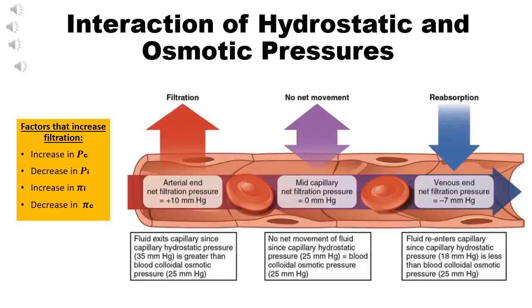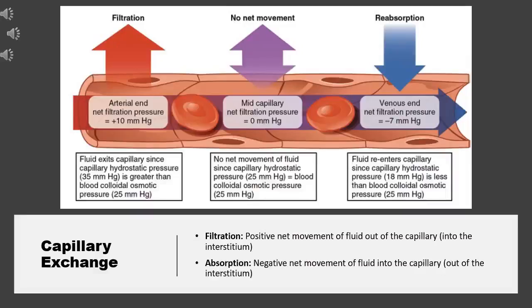Before, at the arterial end, the net filtration pressure was about 10. Now, as we move to the middle, we've kind of hit an impasse. It's equal. The pressure is about 0. This slide just summarizes everything I talked about in the previous slide, but now we have a visual.